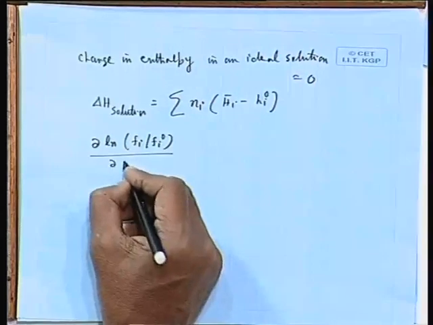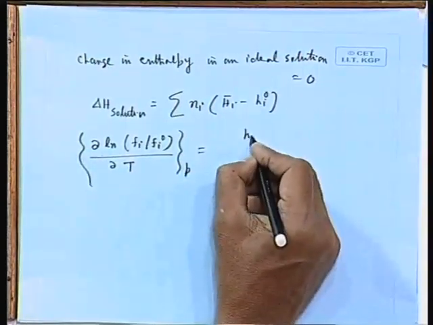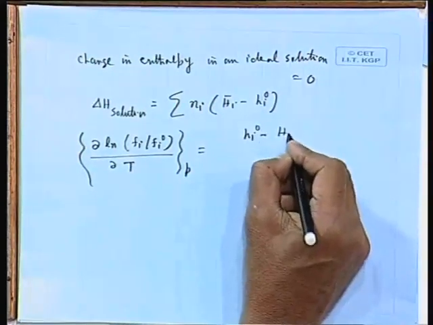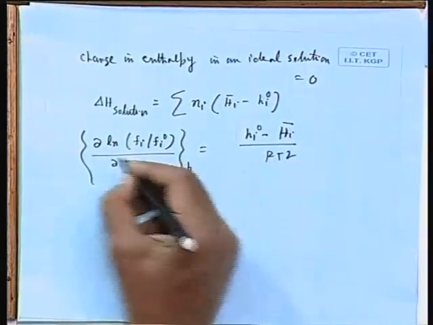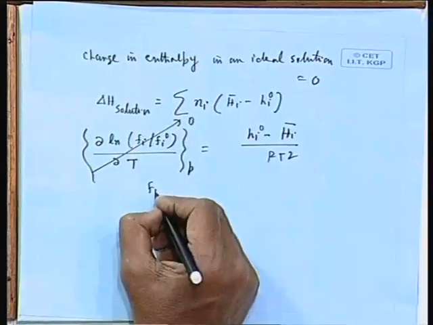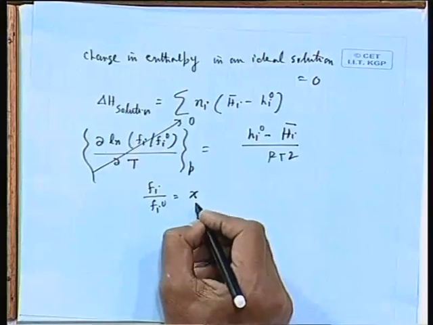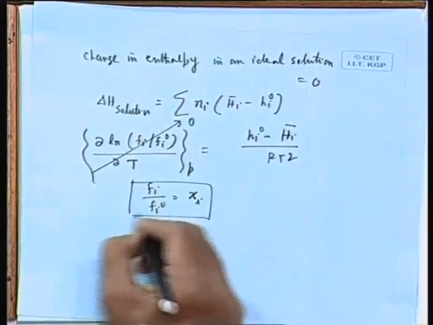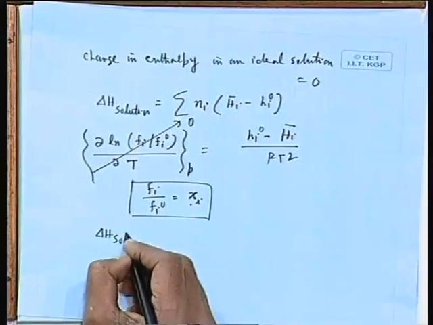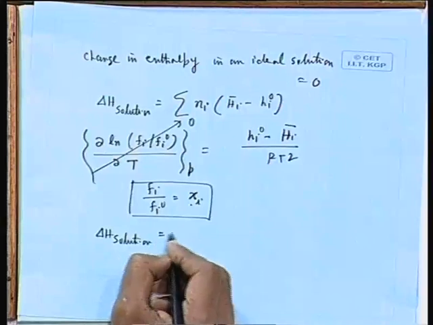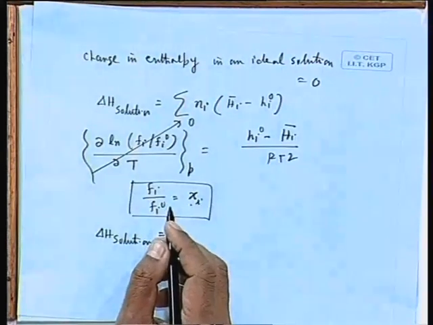At constant pressure, it becomes equal to, in the similar way we did for the volume change, RT square. Again this is 0, because Fi by Fi 0 by the definition of the ideal solution is Xi, which is constant for constant composition. So therefore this is 0. So delta H solution is also 0. So the change in enthalpy of the solution is also 0.